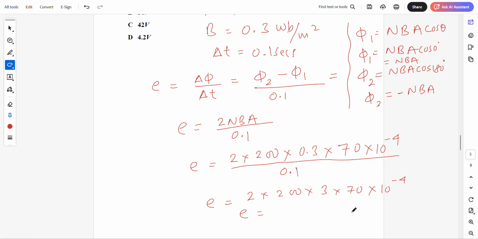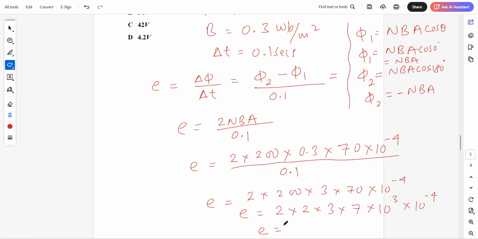First I will multiply the numbers: 2 into 2 into 3 into 7. How many zeros have been taken? 2 zeros here and 1 zero, that is 10 to the power of 3 into 10 to the power of minus 4. This is the easiest way.